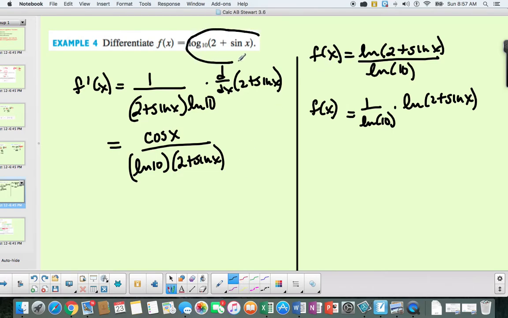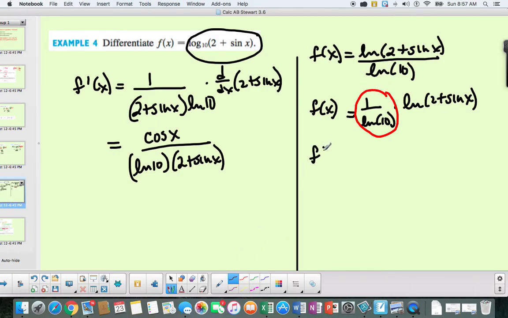So you can take this and write the base change formula right here: natural log of the argument divided by the natural log of 10. And I want you to notice that this part right here is a constant. I haven't done any calculus yet, but I'm about to.